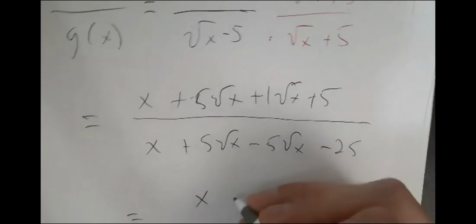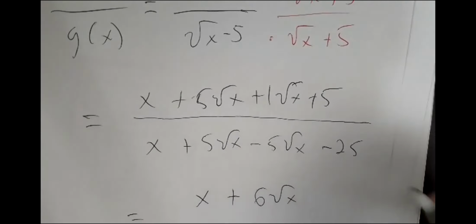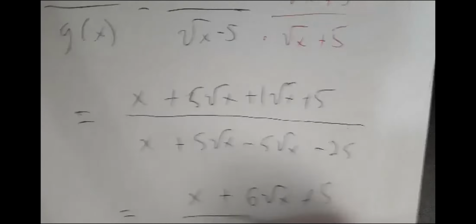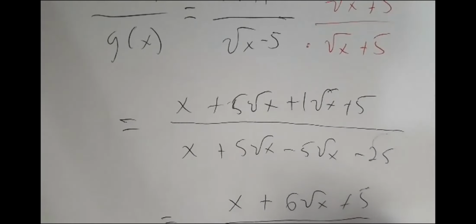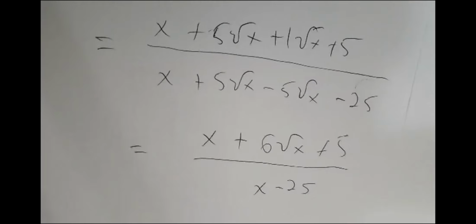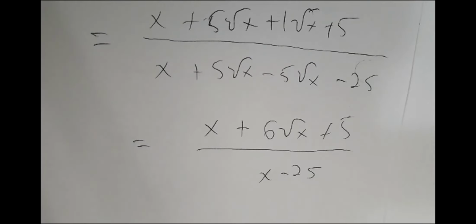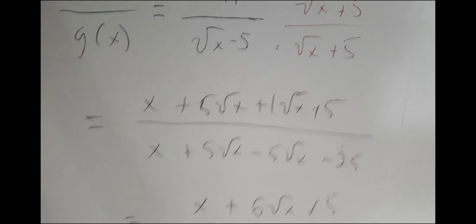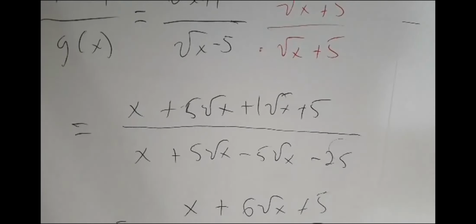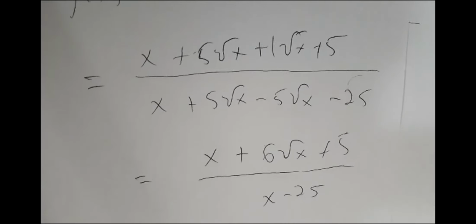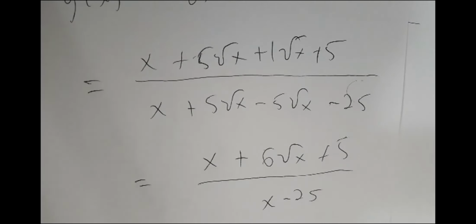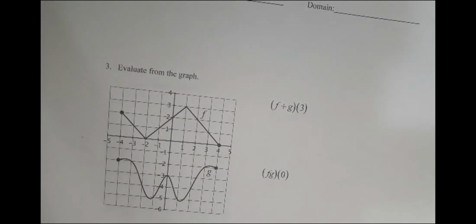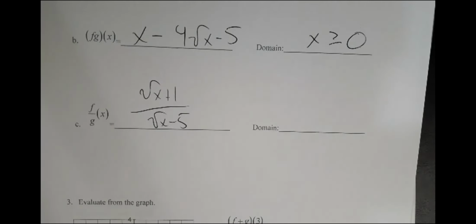We would get something like x plus 6 root x plus 5 over x minus 25. So sometimes books like to rationalize the denominator. They do that by multiplying by the conjugate. I would not necessarily expect that for the work that you turn in for me. If you show me this, this is good enough for me for this section.